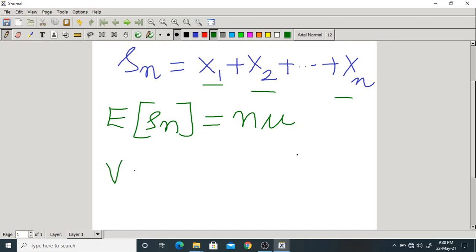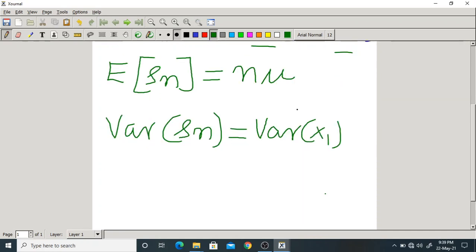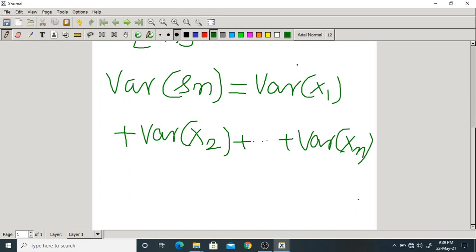Now what about the variance of Sn? That is the variance of x1. Since I told you they are independent, I can simply write the variance of x1 plus the variance of x2 plus, and so on, the variance of xn. Since all are having the same variance, it is obviously n into sigma square.